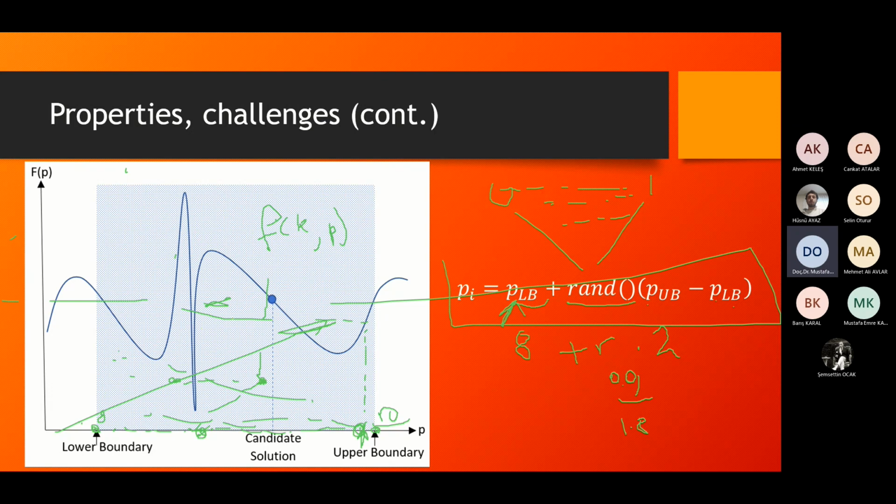So if the problem has more than one dimension, for each dimension you have to produce a random solution. Do you understand what I mean? If the problem has 30 dimensions, you have to do this for every dimension, and every dimension will have lower boundaries and upper boundaries, and according to that we will create a random solution.